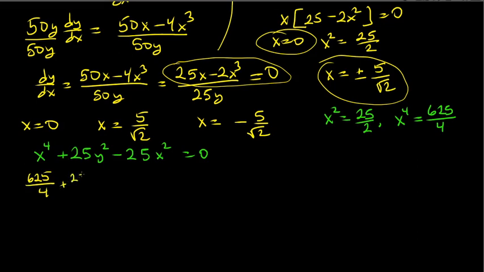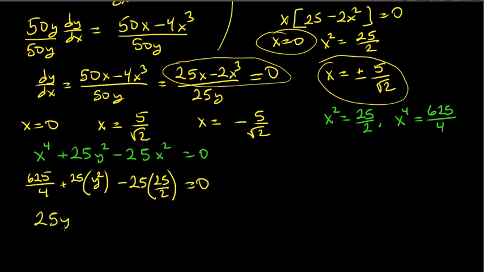So this is going to be 25 times 25 over 2 minus 25. Oh, wait a minute. Sorry. We don't know what y is. That's what we're solving for. Here's where we plug in 25 over 2 equals 0. There we go.